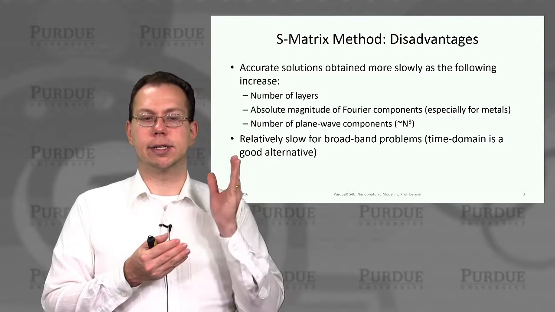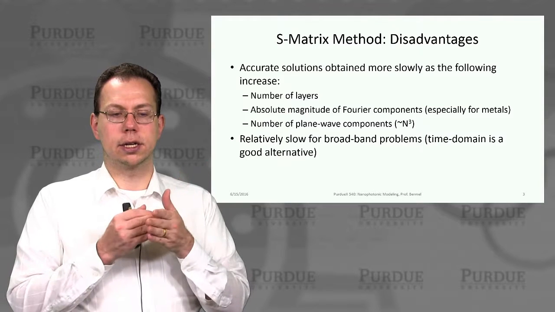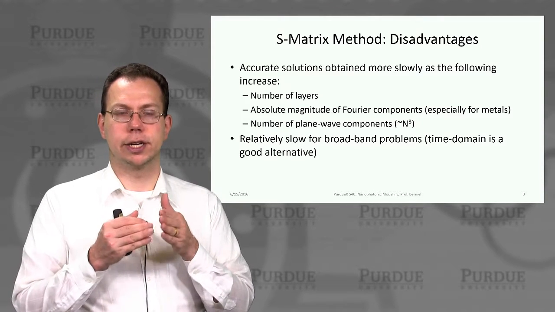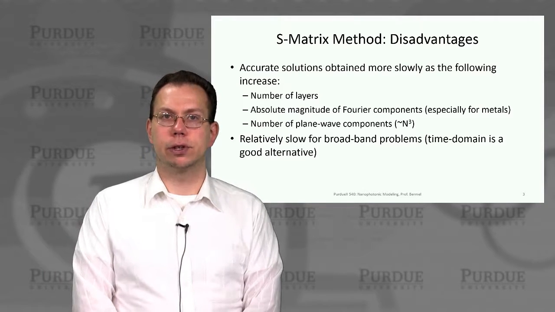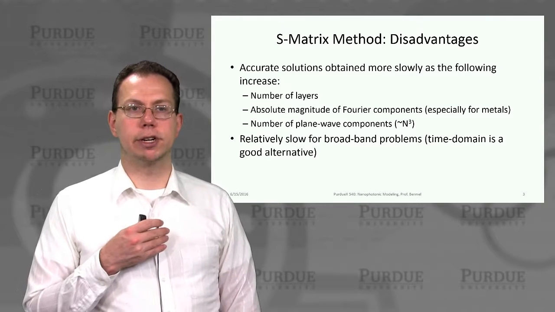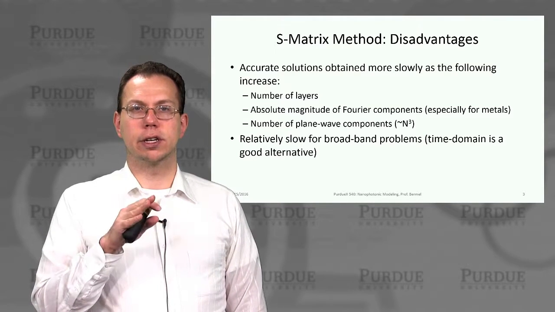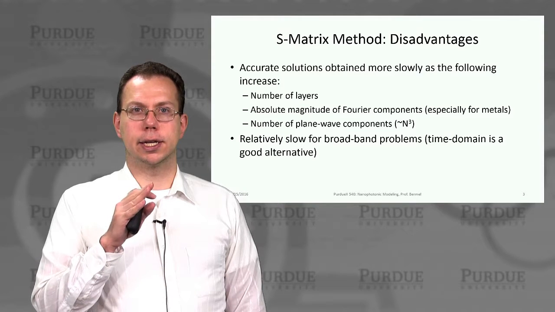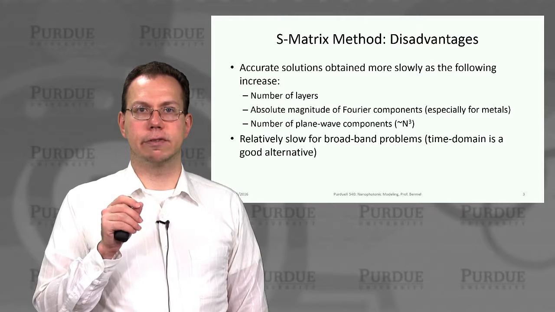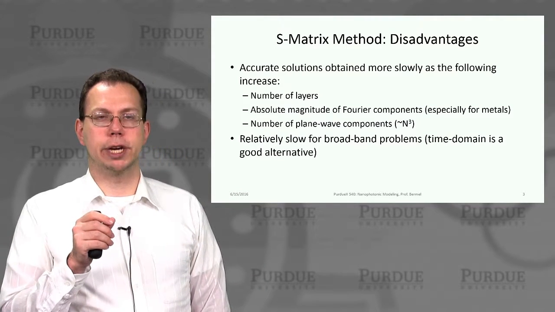Second, the Fourier components associated with very large index contrast in the lateral direction could cause potential problems. Especially when you have metals, this is a big challenge. It's well known that for certain metals and complex plasmonic systems, this may not always give highly accurate results, especially when you have a small number of plane waves.